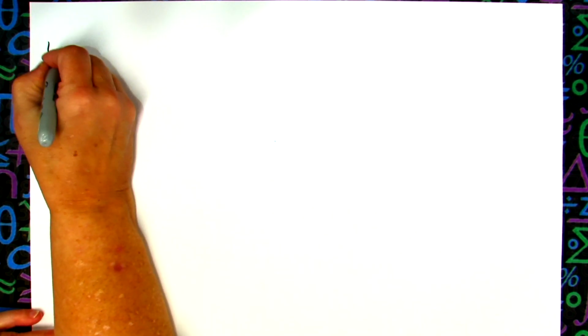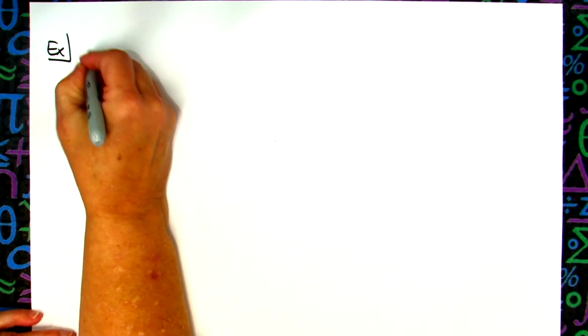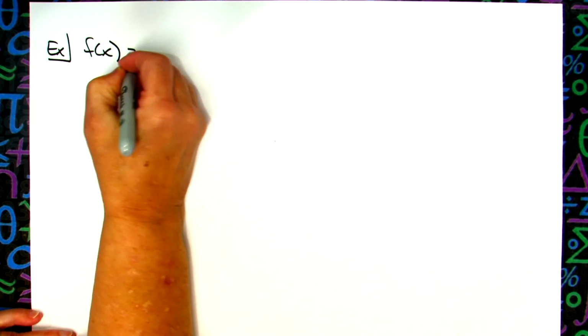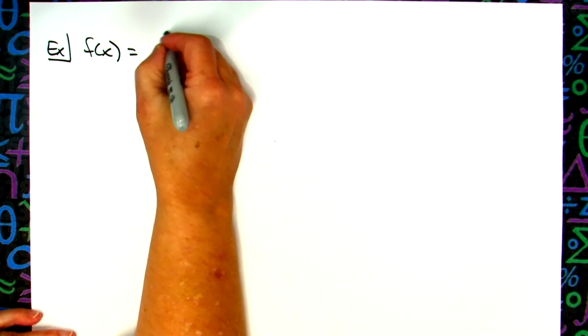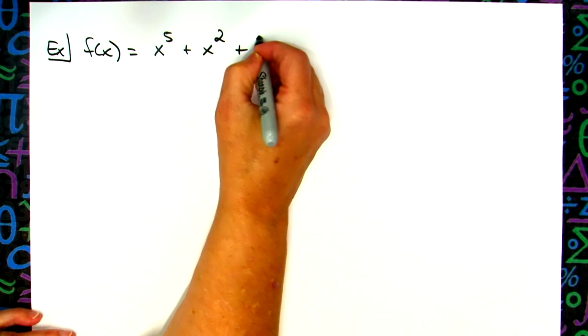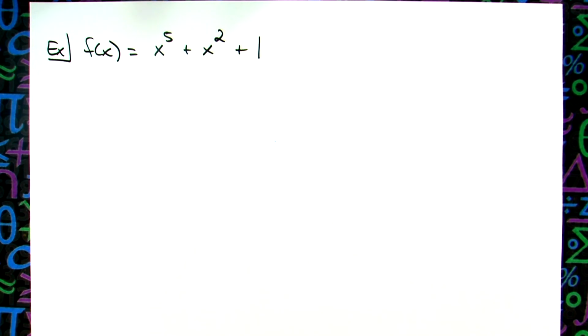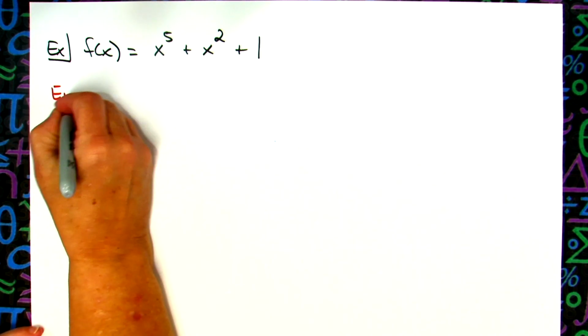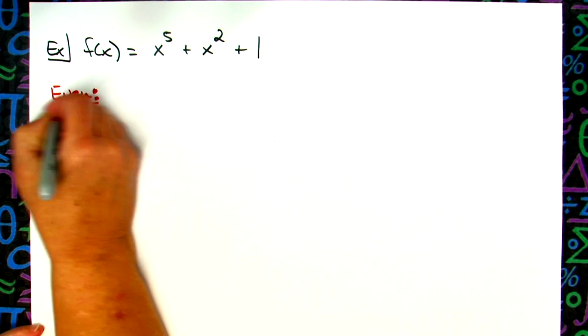All right, let's do one more example. Let's suppose we had the function f of x equal to maybe say x to the fifth plus x squared plus 1. Again, the question is, is it an even function, is it an odd function, or is it neither? We're always going to test for even first. So identify that you are doing even.